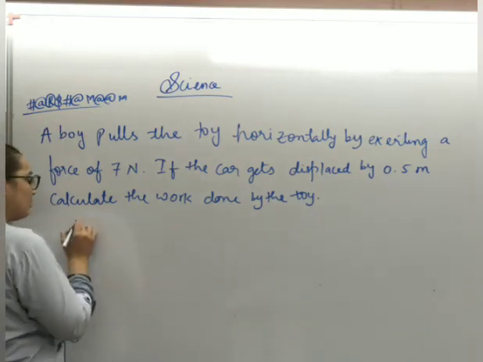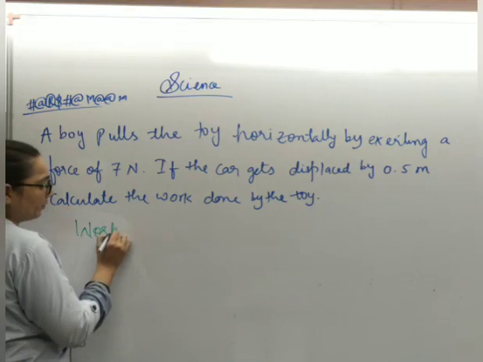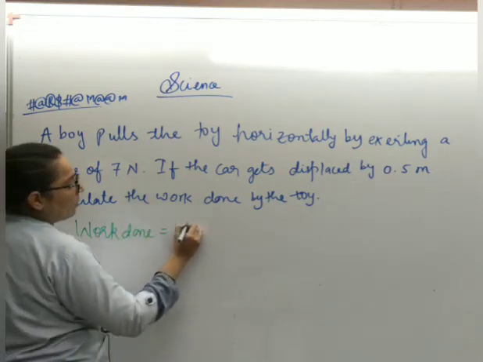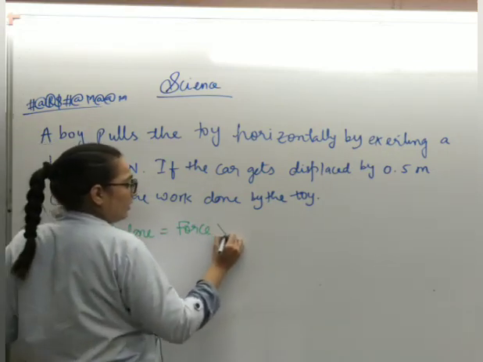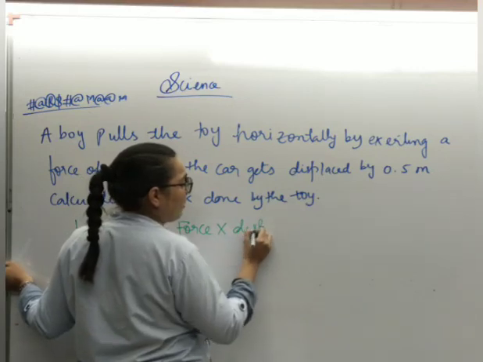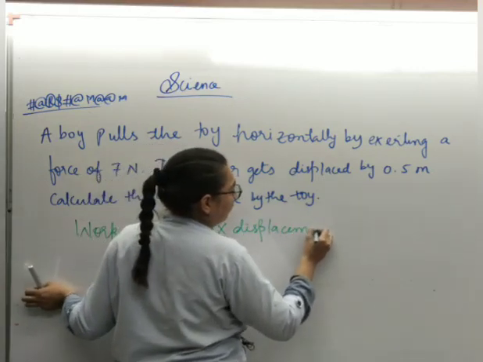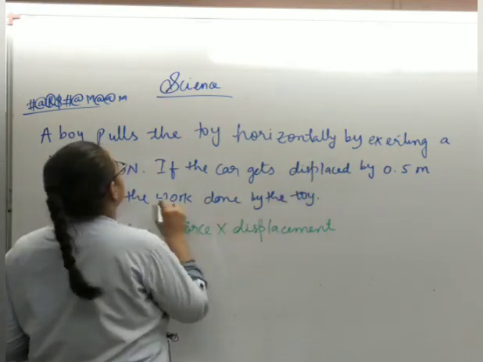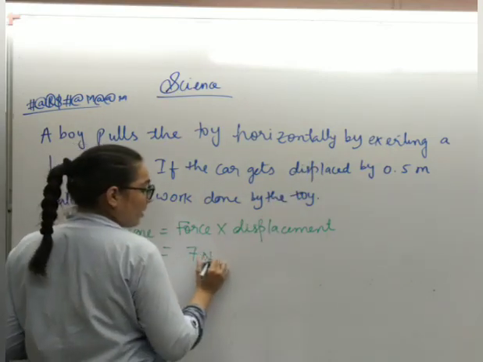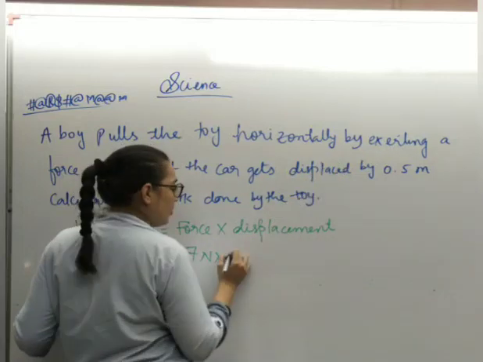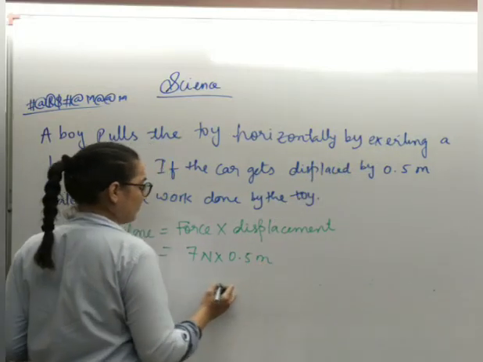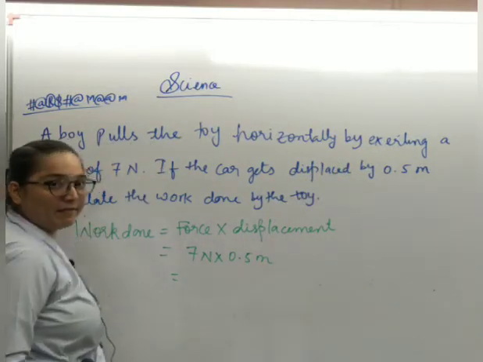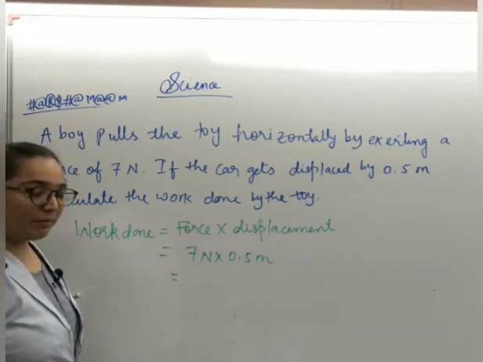You know that work done is equal to force into displacement, alright. What is the value of force? 7 Newton. Displacement is 0.5 meter. 0.5 means half of it.